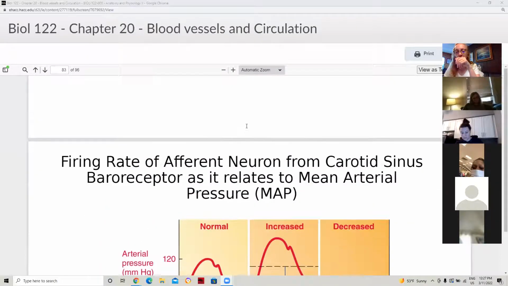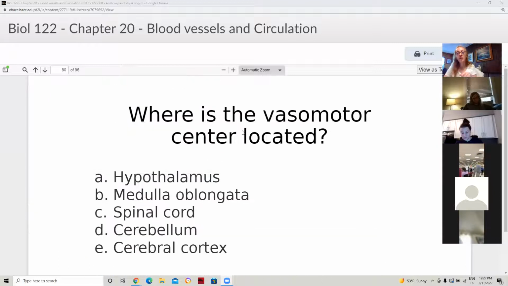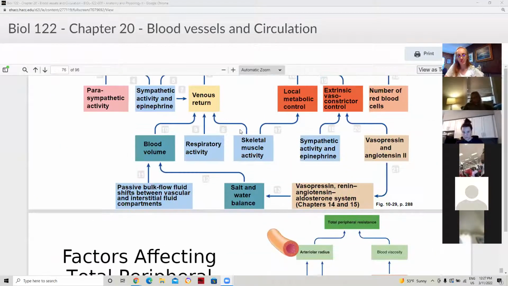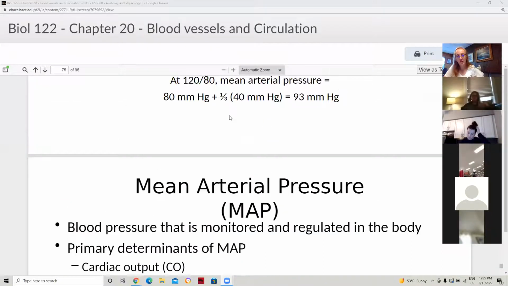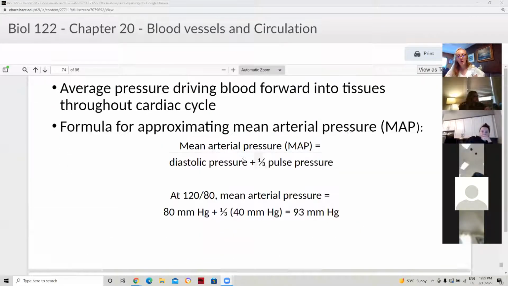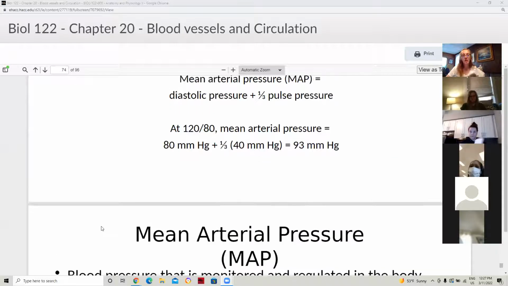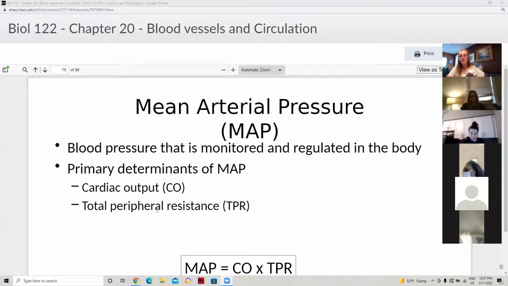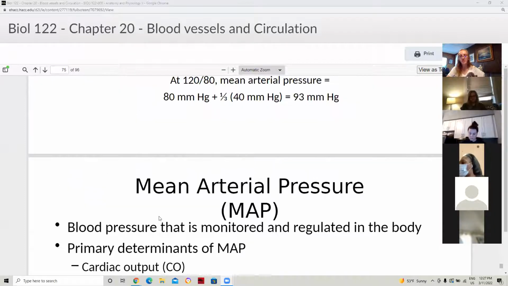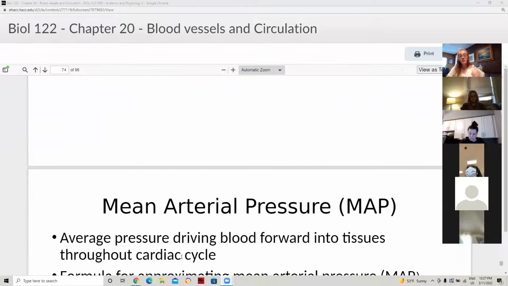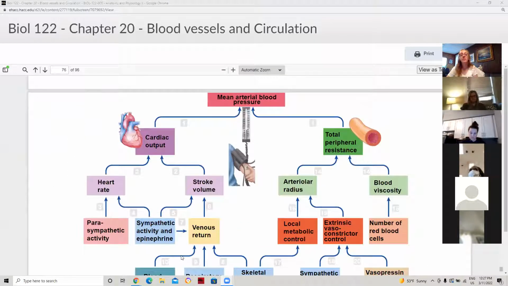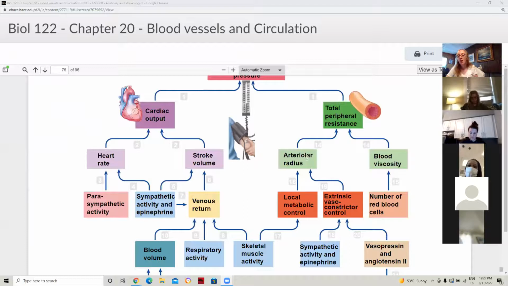If they have a low blood pressure, what affects blood pressure? Major things that affect blood pressure: cardiac output times total peripheral resistance. What affects total peripheral resistance? Arteriolar radius and blood viscosity.